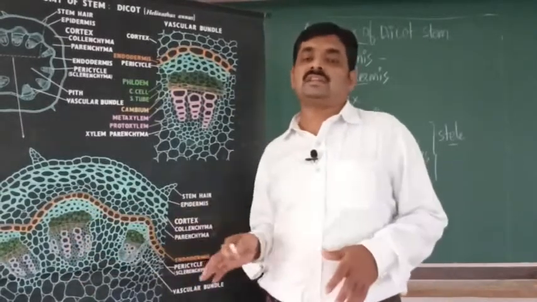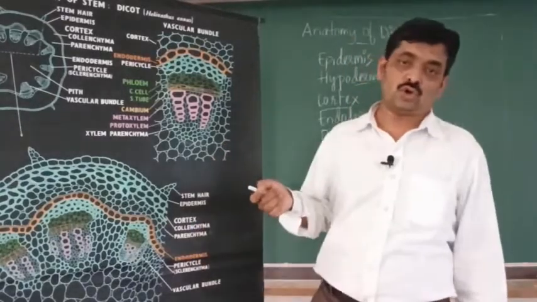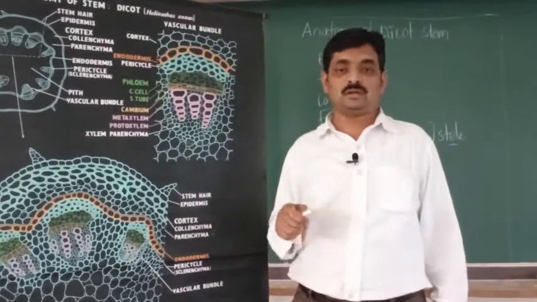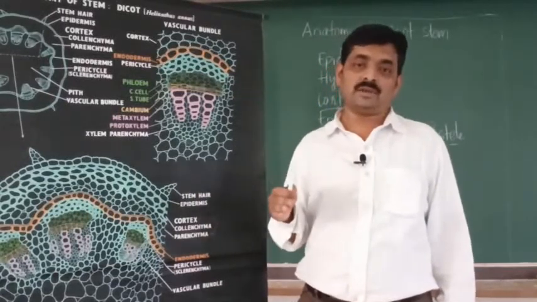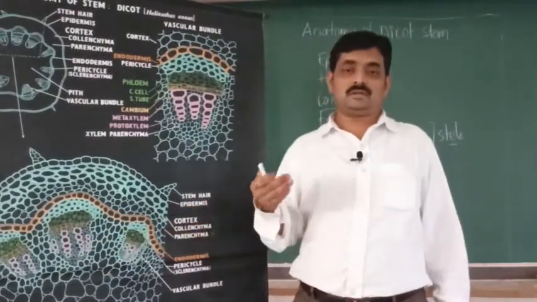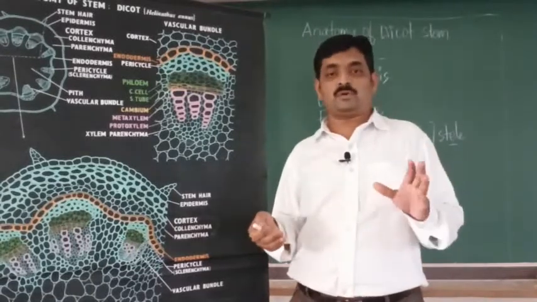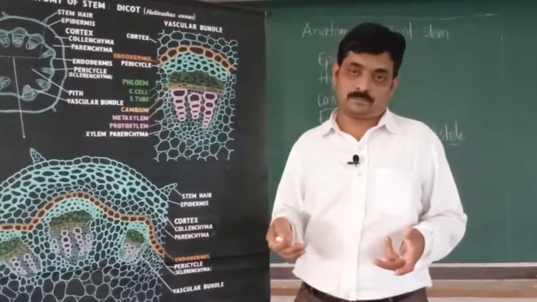Vascular bundle in case of dicot stem is conjoint and it is open type. You find open type vascular bundles here. They are open type because you find cambium between the phloem and xylem. Cambium is a specialized meristematic tissue, and this cambium is responsible for secondary growth in the dicot stem.